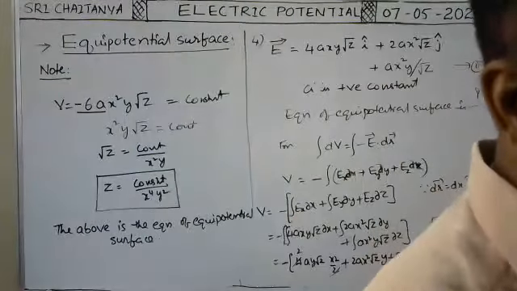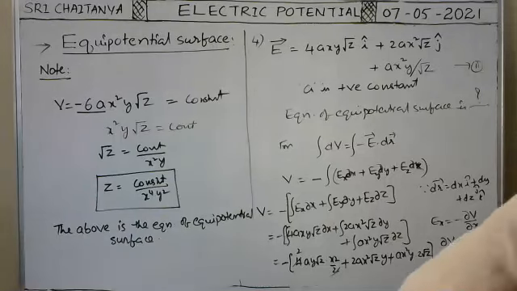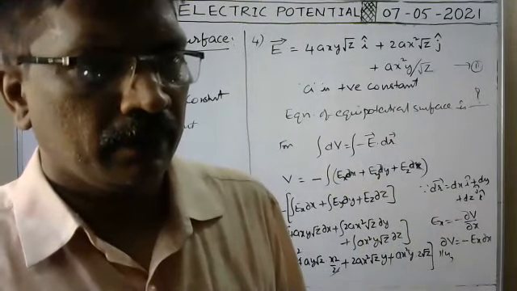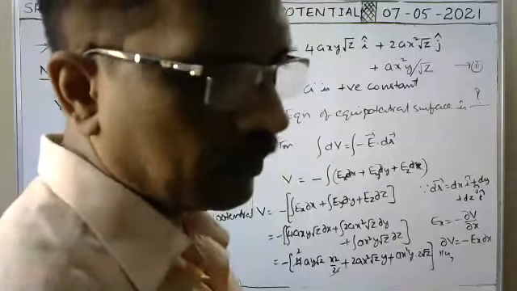Okay, Vijay, I will unmute you. Sir, in the previous case, we have discussed 10 volts, 20 volts, 30 volts, no, sir? Okay.